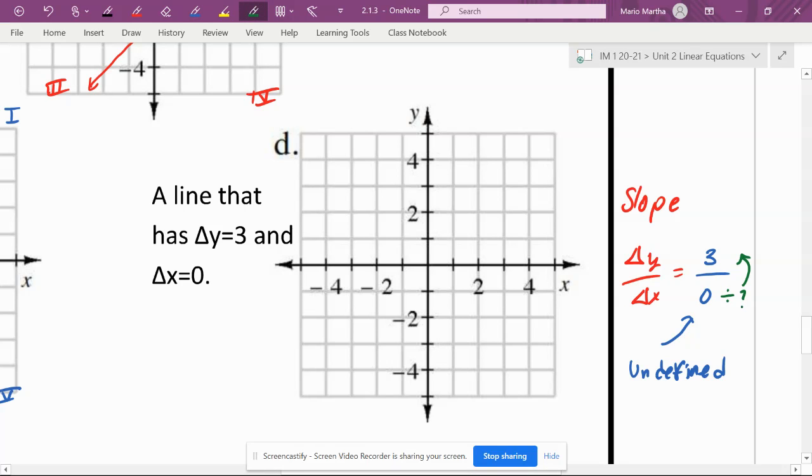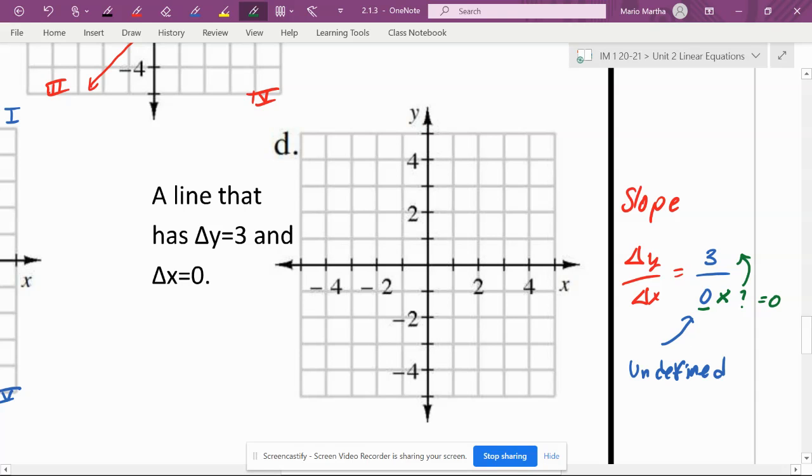So the denominator times what is equal to 3? Any number times 0 is always going to be equal to 0. Something times nothing is always going to be nothing. So this is why we call it undefined.